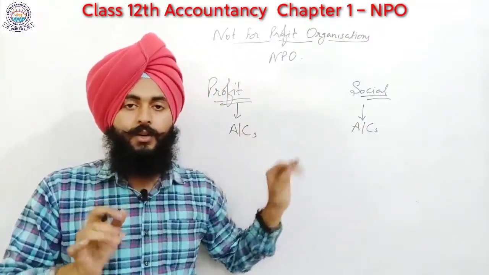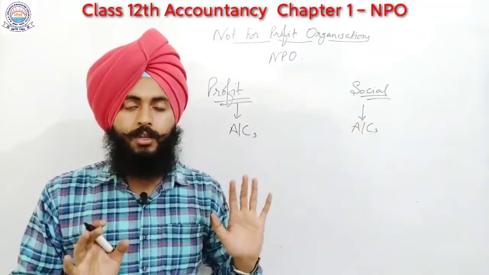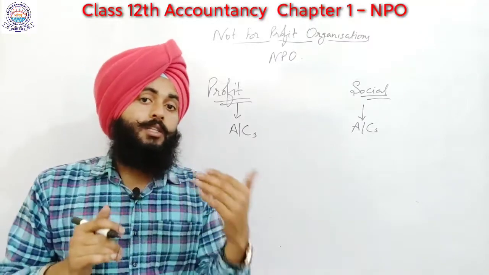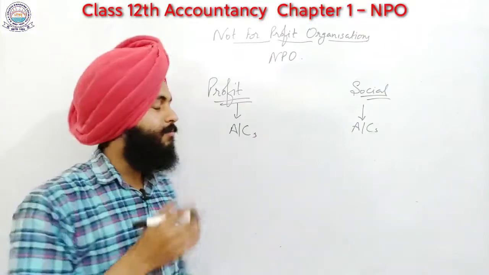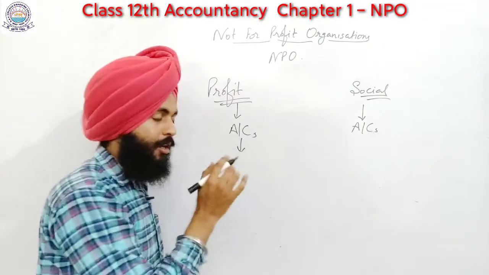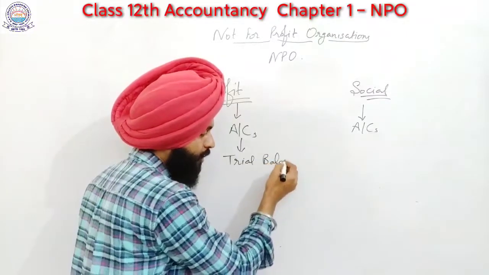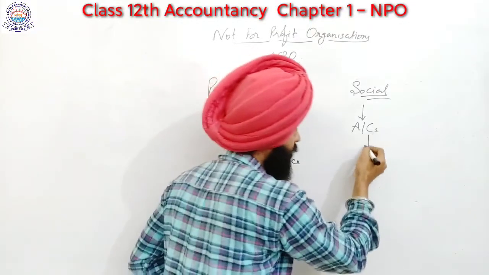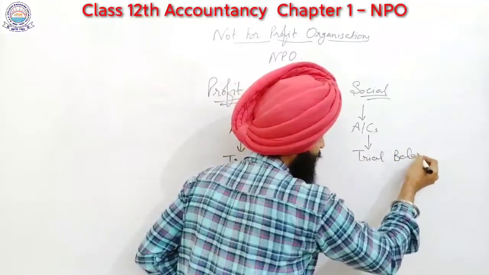In both of these activities, these things are similar. We make accounts. And what is the next step after making accounts? As we learned in the +1, after making accounts, we will have the trial balance, because of the debit and credit sides. ट्रायल बैलेंस इसका भी बनेगा, and of course we will have the trial balance in this side also.